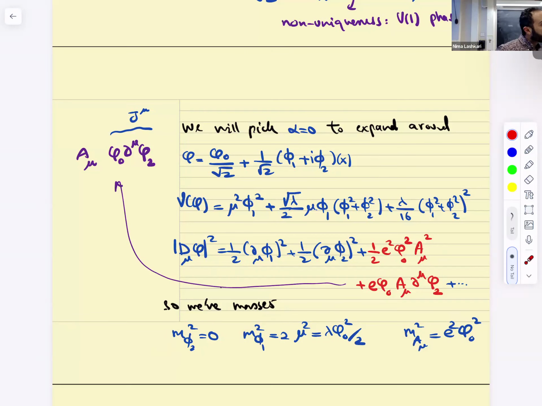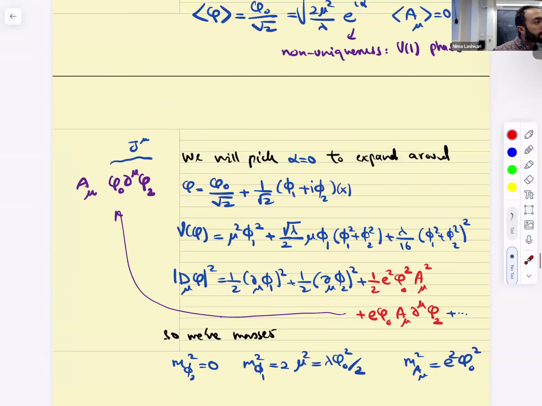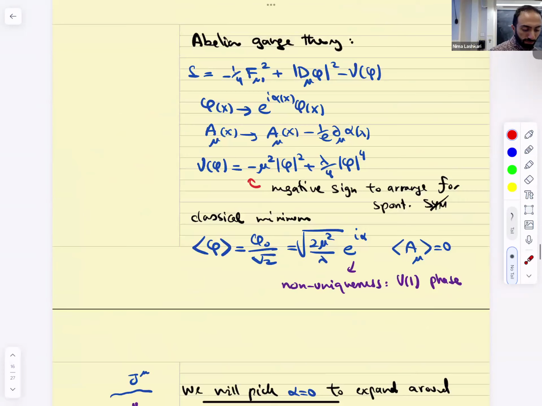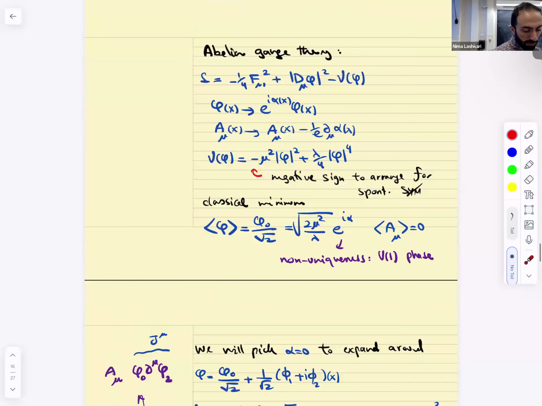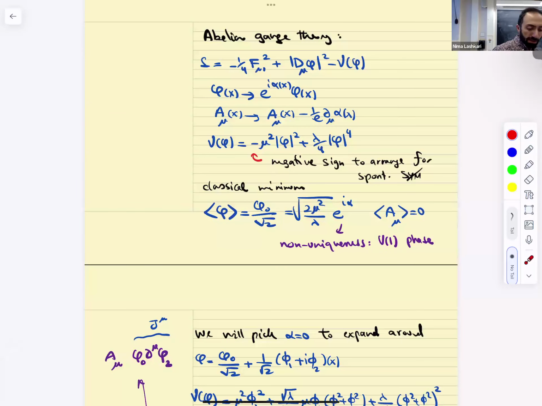Good. What's the gauge transformation in this case? How would you write it down in terms of phi 1 and phi 2? You just expand: take this expression and send it to e to the power of i alpha.